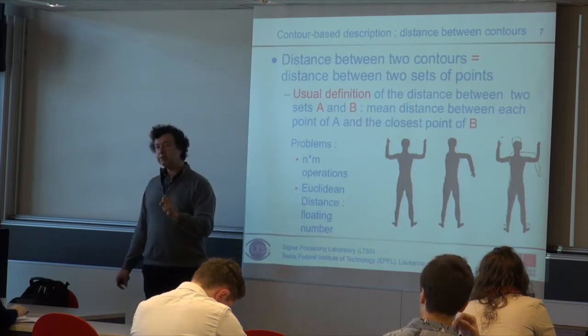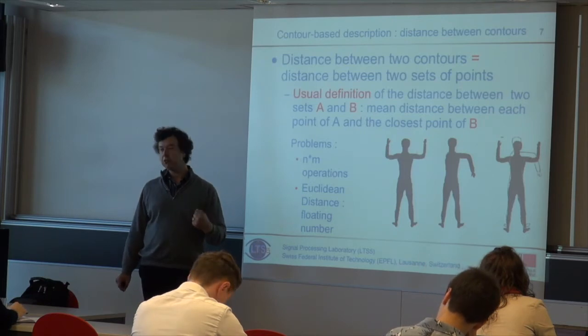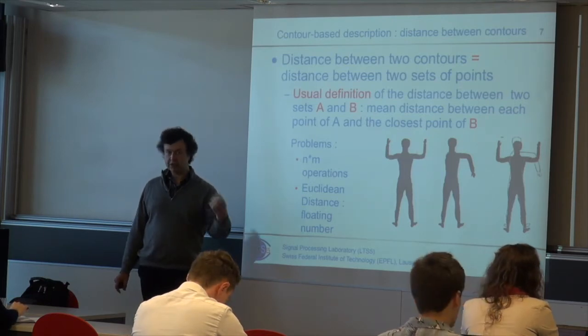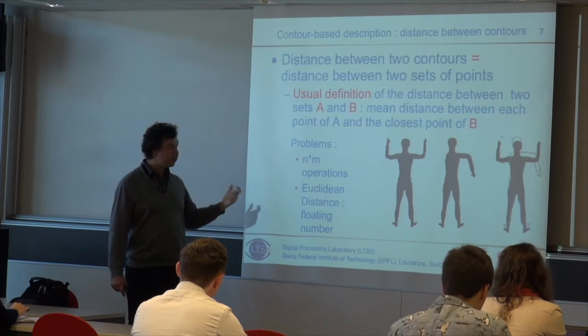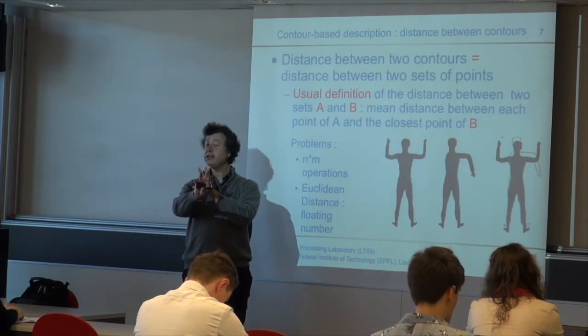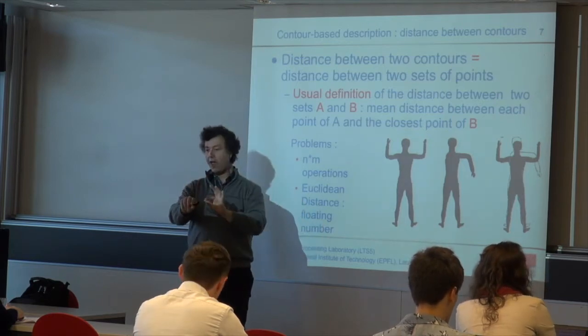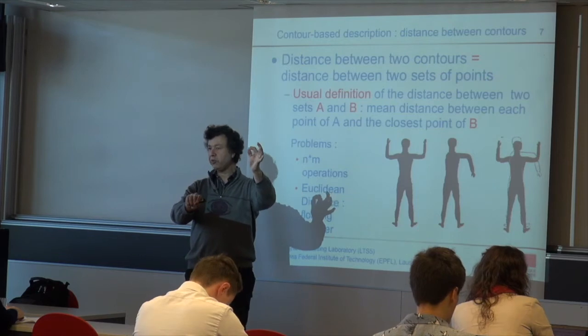It's an interesting definition, but computationally, it's a little bit heavy. If you want to do that many times, because for each pair of contours that you want to measure the similarity of, you have to take each point of the one and check what is the closest point in the other.